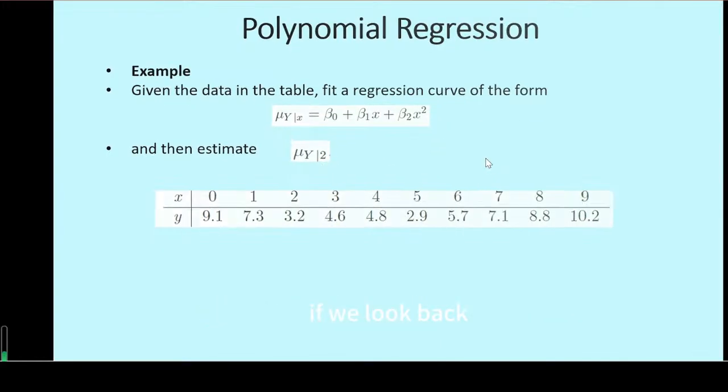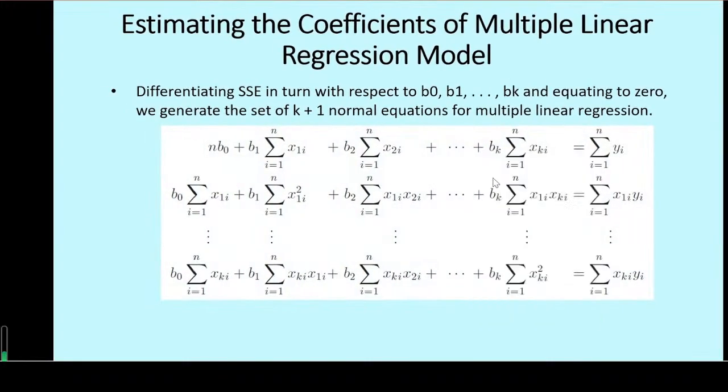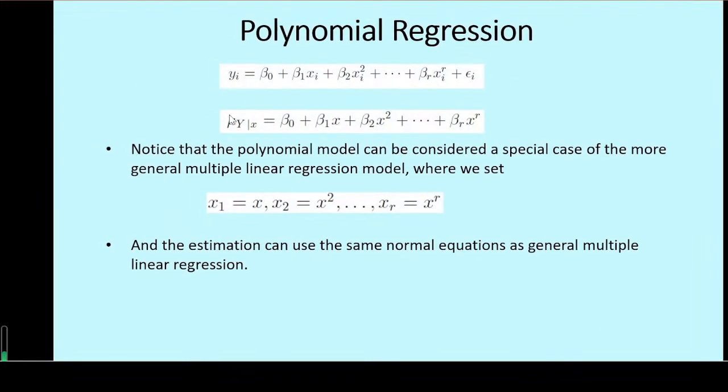If we look back, in multiple linear regression there are two parts. The first part is the fixed part, with the parameter multiplied with a variable. Also, the variable can be a power term or another variable.